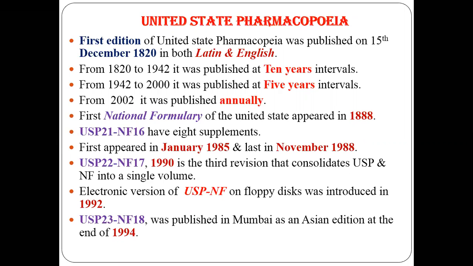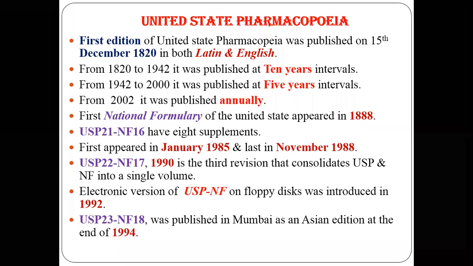Then USP 22 and National Formulary 17 appeared in 1990. After that, they were preparing and publishing all these books in combination, that is, the United States Pharmacopoeia and the National Formulary.